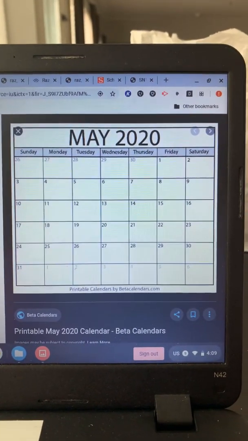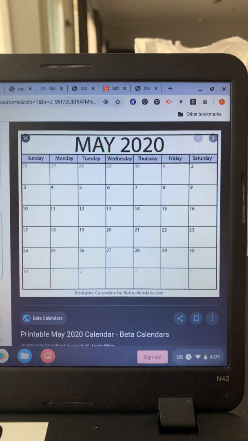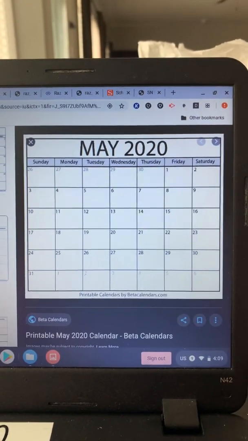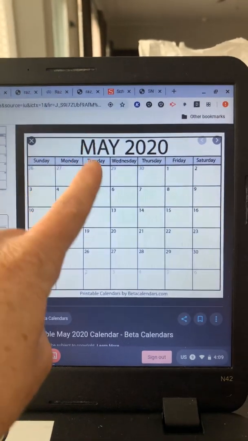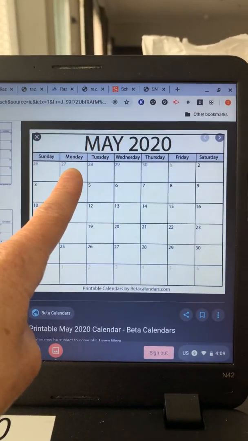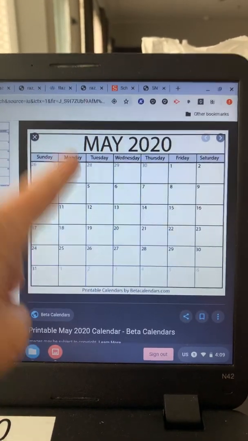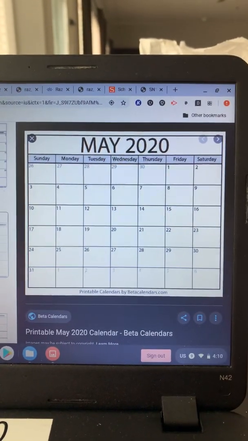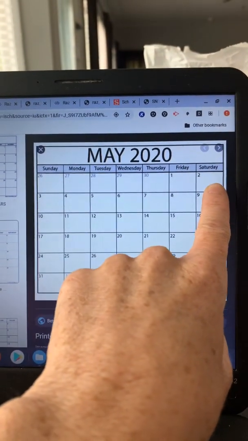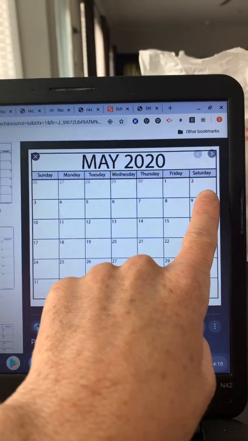All right, if we're looking at this calendar too, and I ask you a question like, what day is before Tuesday? All right, we'd find Tuesday, and we would go before would be Monday. Monday is the day before Tuesday. If I ask you what day is after Friday, we would find Friday and go after it, and so the day after Friday would be Saturday.